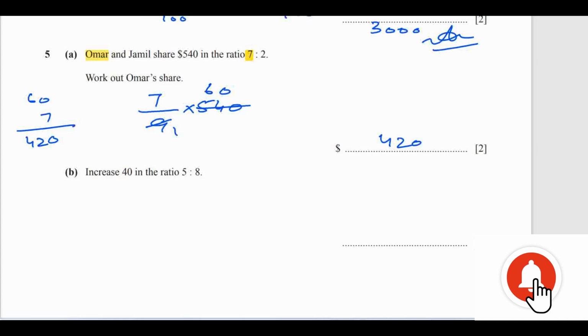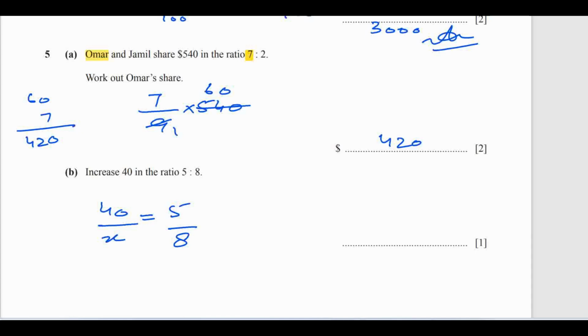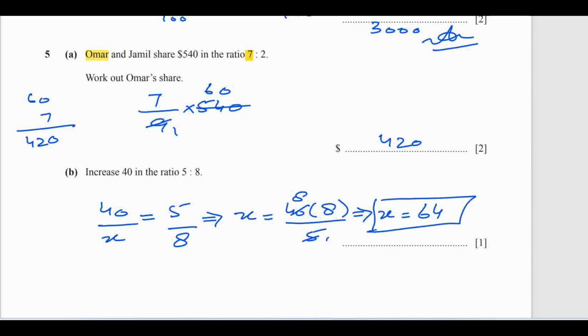Increase 40 in the ratio 5:8 means that 40 by x is equal to 5:8. So we are using the ratio: the ratio 40 by x is equal to 5 by 8. Rearranging, x will be equal to 40 into 8 divided by 5, so 5 1s are 5 and 5 8s are 40, so x will be equal to 64. So 64 will be the final answer.